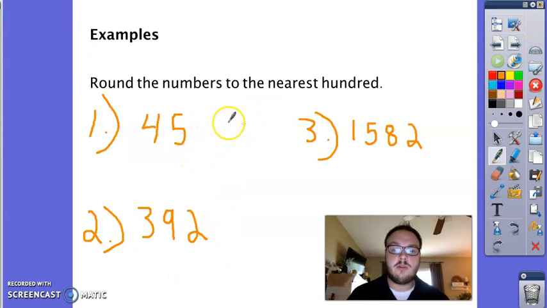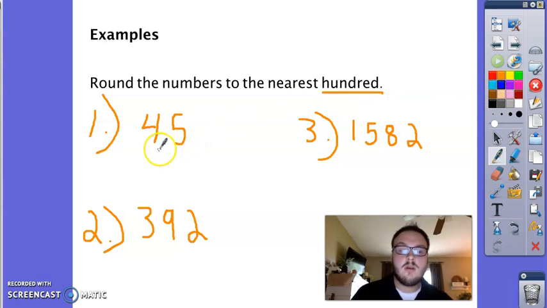So some more examples. This time we're rounding to the nearest 100. Again, think about it on a number line. What are the nearest hundreds closest to this number? Starting with number 1, we have 45. So the nearest hundreds would be 0 and 100. Now let's find the rounding rule, but we don't have a place value to circle.